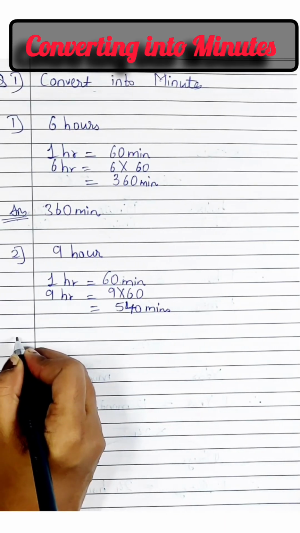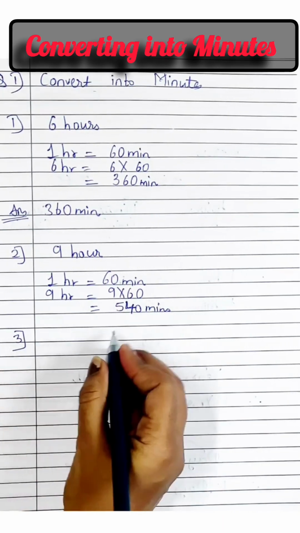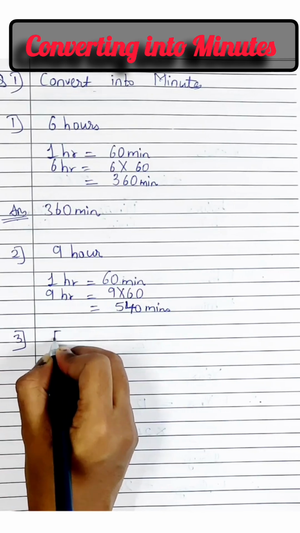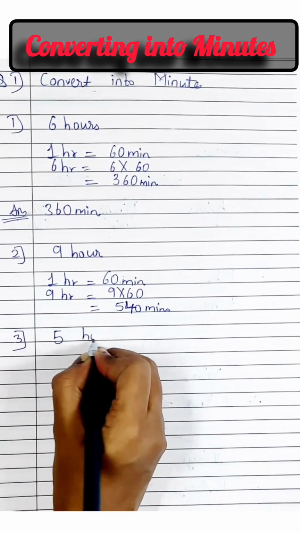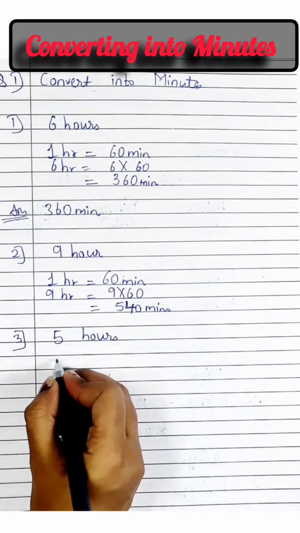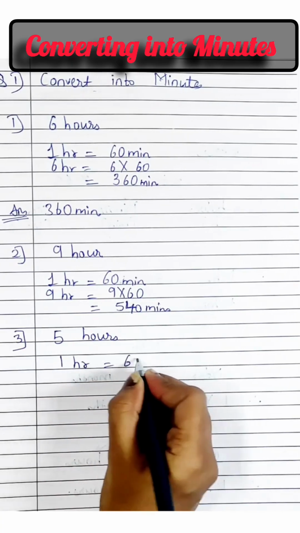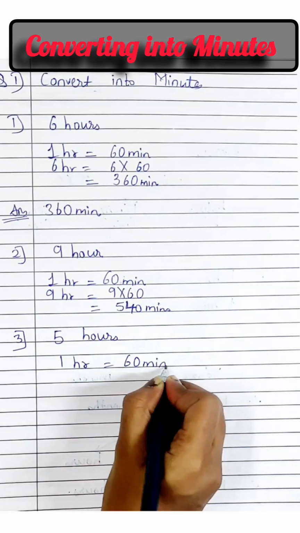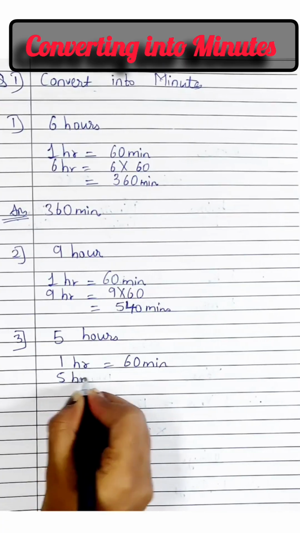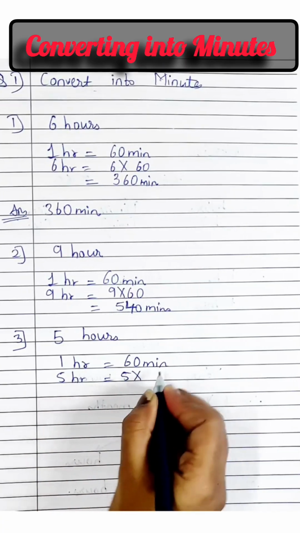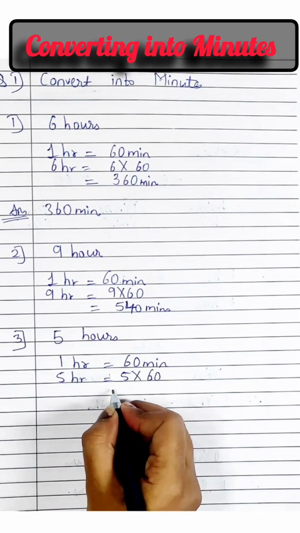Third one, 5 hours. 1 hour is equal to 60 minutes. So what will 5 hours be? 5 multiplied by 60 minutes.